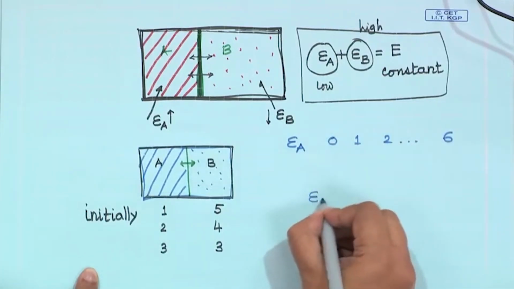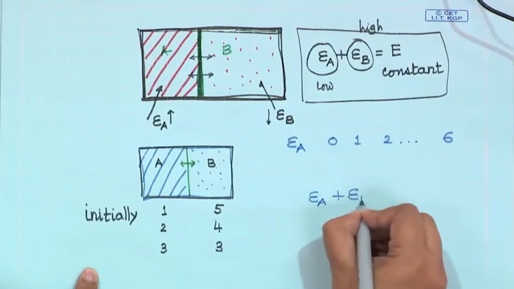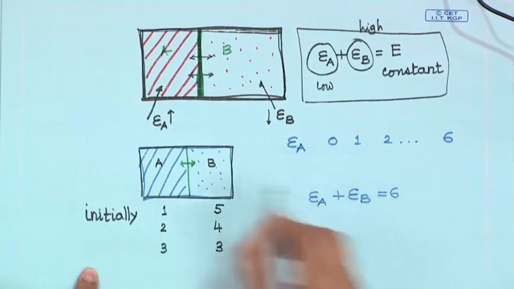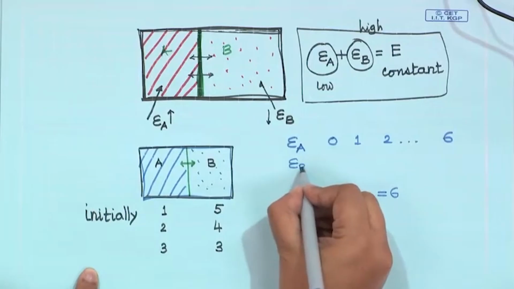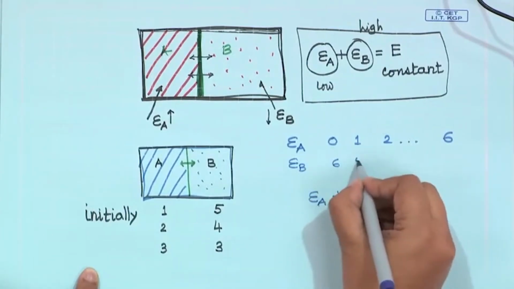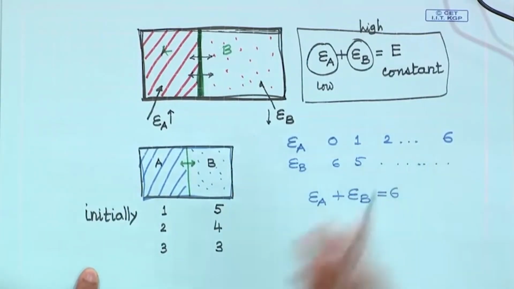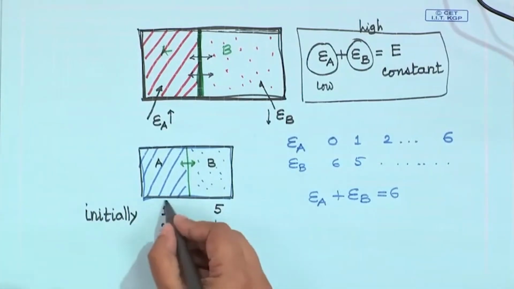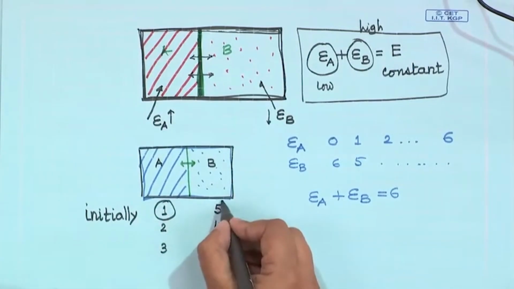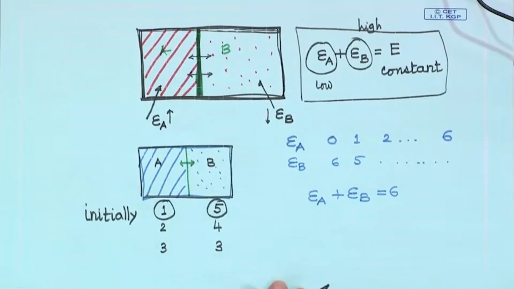And since epsilon A plus epsilon B is equal to 6, automatically the values of epsilon B are fixed accordingly. Then I said, to start with, I prepare my system in such a way that epsilon A has energy of 1 quantum, epsilon B has energy of 5 quanta, and then I allow these two systems to exchange energy very, very slowly.